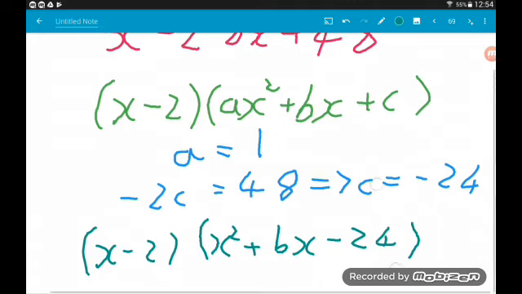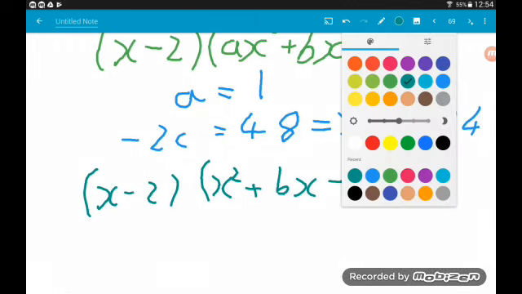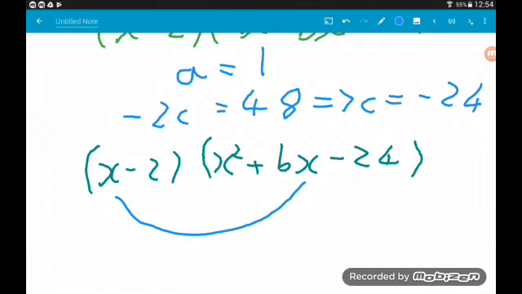Okay, so now we just need to find the value of b. Again, I'm going to go for the x squared coefficients. So, if we multiply this out, we are going to get x times bx, which is bx squared, and we're also going to get minus 2x squared, like that.